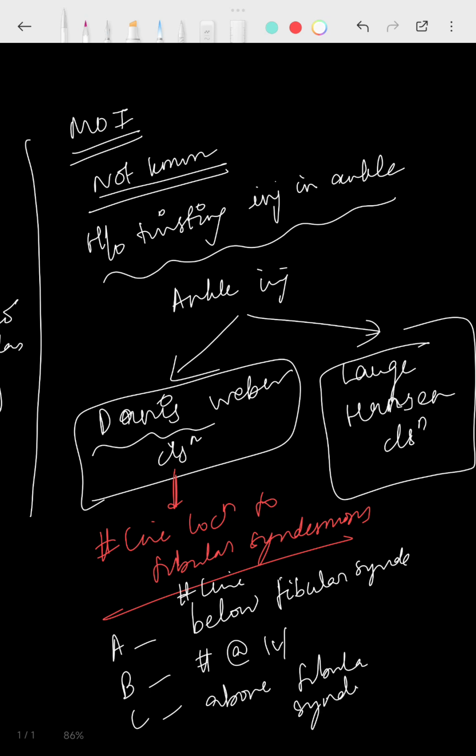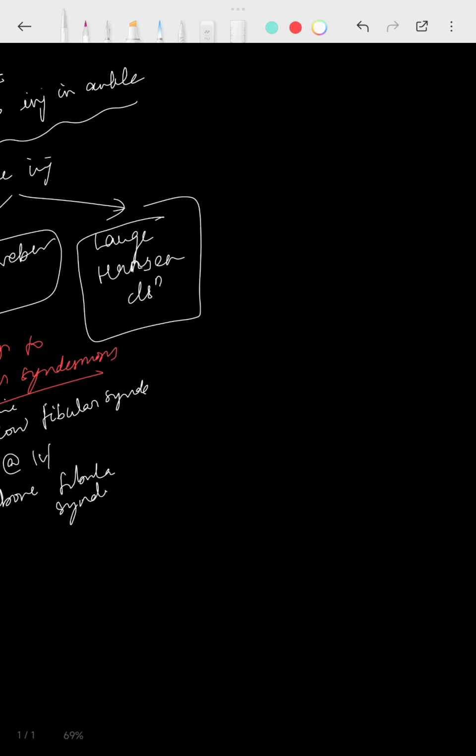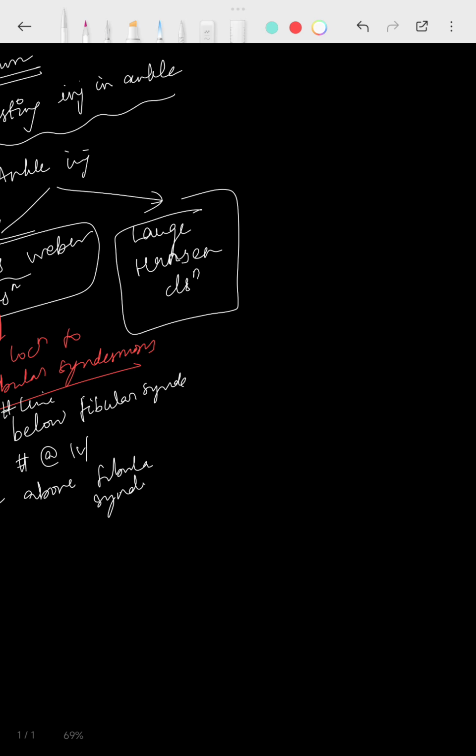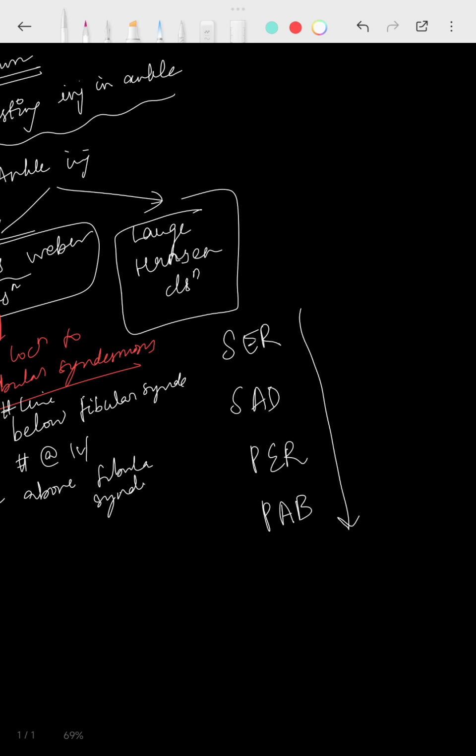Your Lauge Hansen classification is very important. It is based on movements: supination external rotation, supination adduction, pronation external rotation, and pronation abduction. This is also the order of injury.